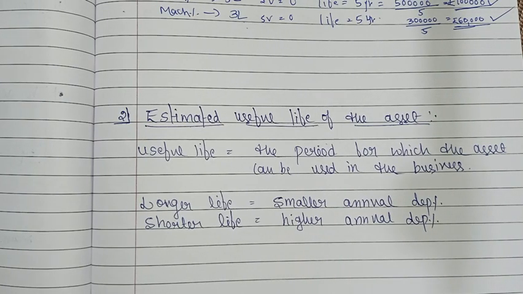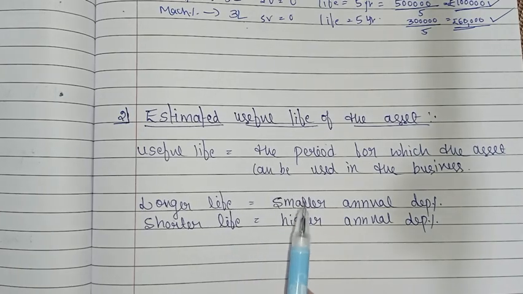For example, 5 years, 3 years, 10 years, like that. Till 5 years we have used the machine, or 10 years. Here the amount of depreciation varies.